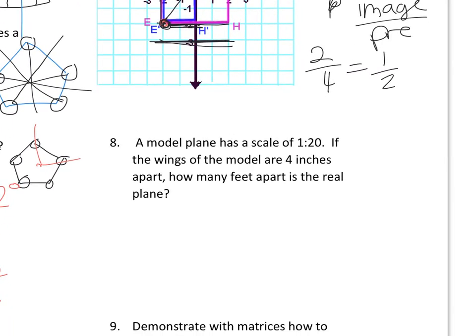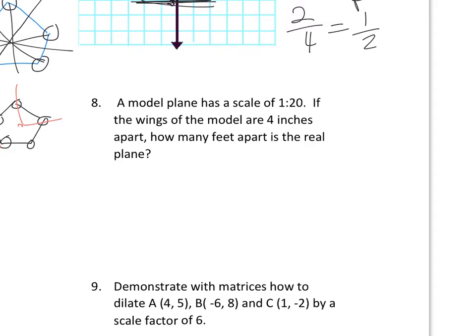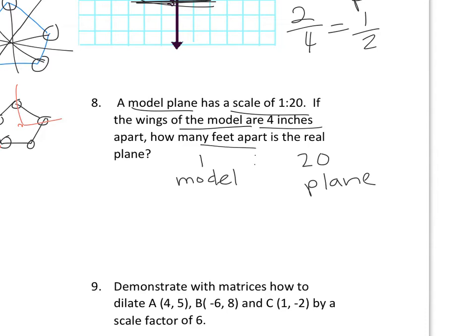Okay, number 8. A model plane has a scale of 1 to 20. So that means that 1 is the model, and then 20 is the real plane. If the wings of the model are 4 inches, how many feet apart are the wings in the real plane?